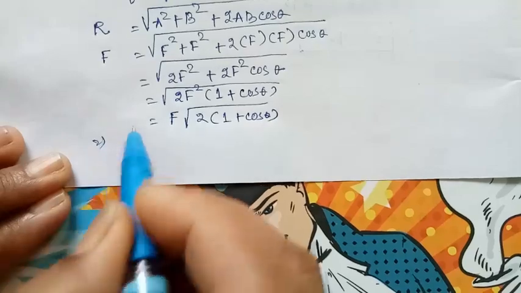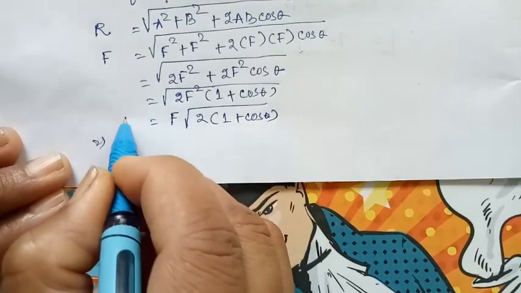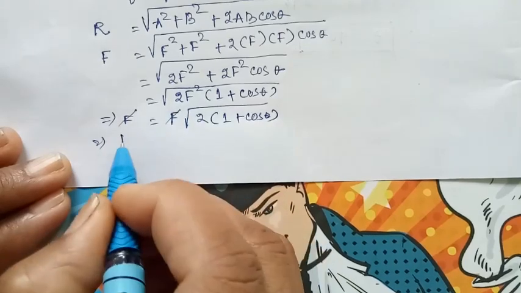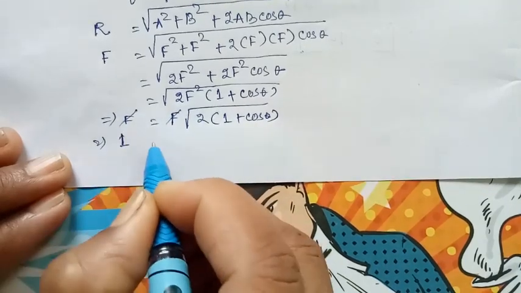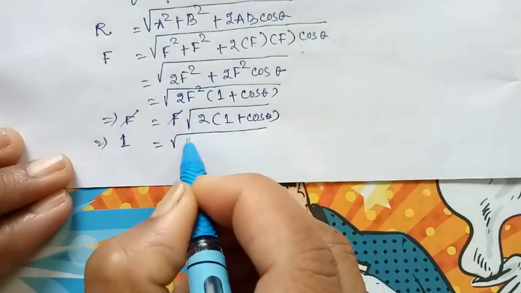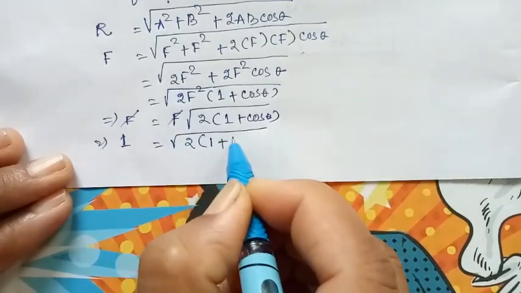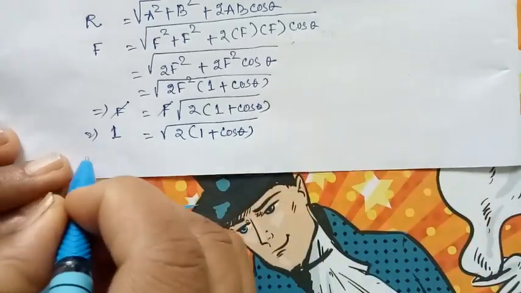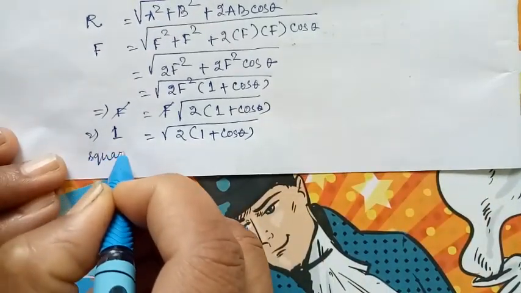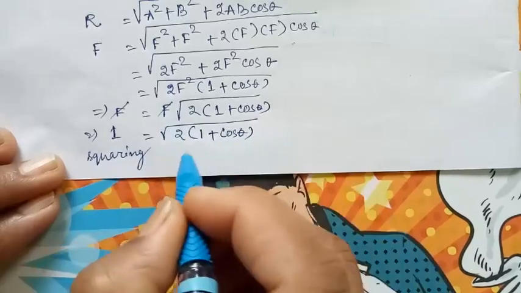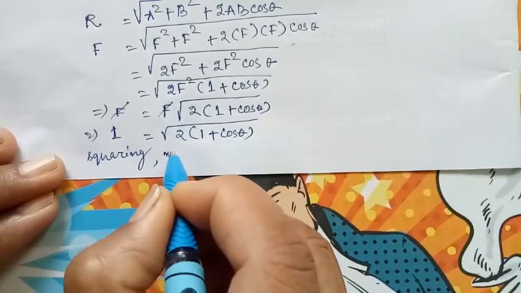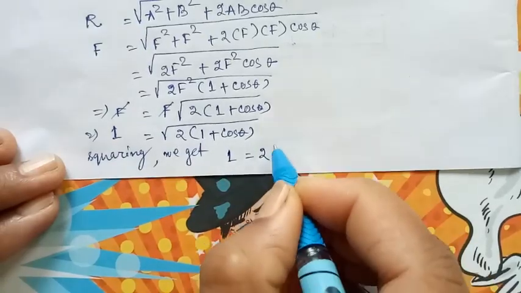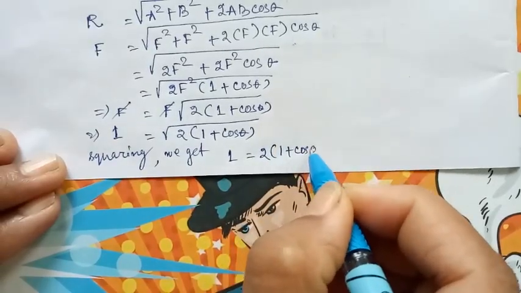So here it is F, so F gets cancelled. So 1 is equal to root over of 2 into 1 plus cos theta. Now squaring on both sides, we get 1 square is 1, equal to 2 into 1 plus cos theta.